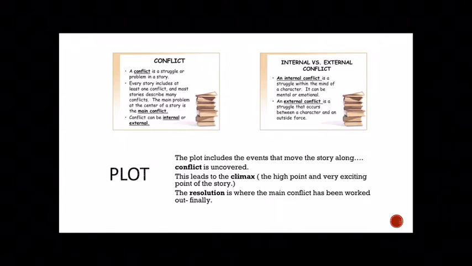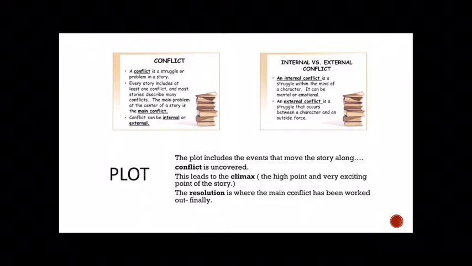Now, the conflict becomes uncovered as the plot progresses, right? So the rising action goes up the mountain and you're starting to say, okay, this is what's happening, and it's starting to get more and more intense. The intensity builds and it all comes together at one point where it's really intense, right? That's the climax. You've got the high point, the exciting point of the story.